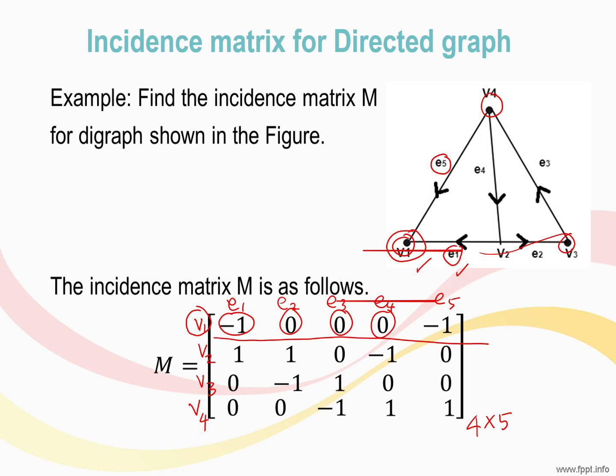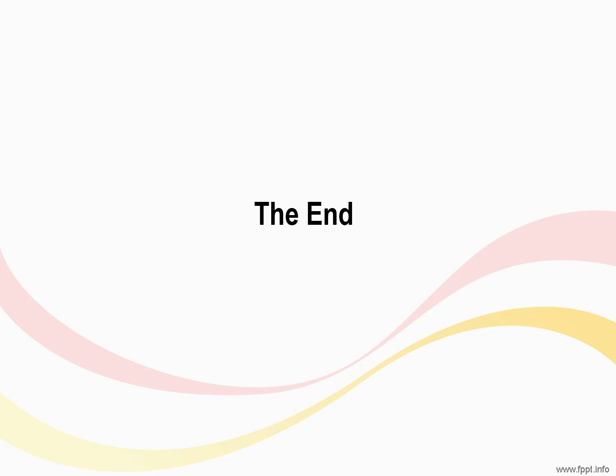Similarly, E5 is also incident to V1 and the direction of the edge E5 is into V1. Therefore, the element of V1 E5 is equal to -1. You can use this method to fill up the entries of the second row, third row, and the fourth row of the incident matrix M.